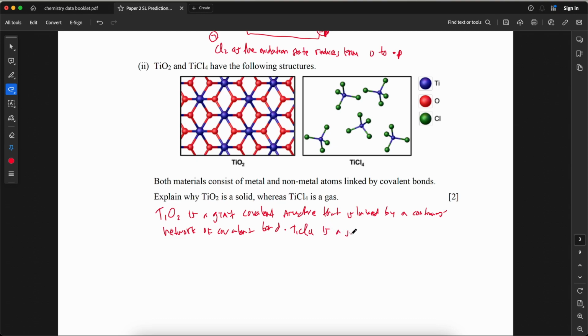TiCl4 is a simple covalent structure that interacts via London dispersion forces, which are weaker and easy to break.